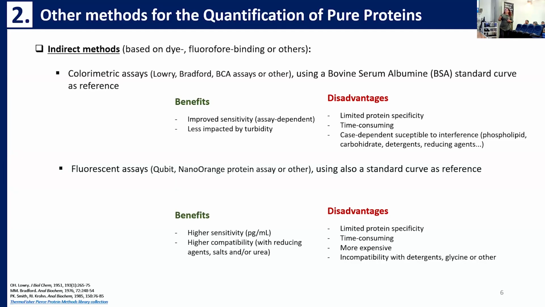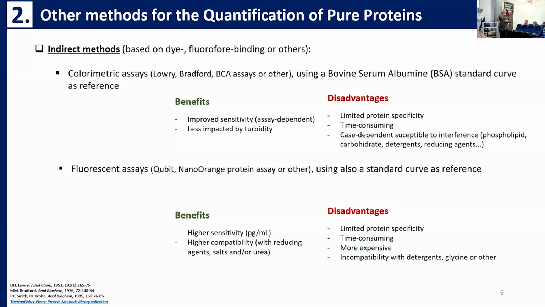However, these methods have different disadvantages. The first is that if we have a mixture of different proteins, we cannot discriminate the one that is of our interest. We will detect all the protein content in our samples. It is also more time consuming than spectrophotometry, because we need to do serial dilutions of the sample, and we have to wait for the interaction between dye and our sample to have the colorimetric reaction.